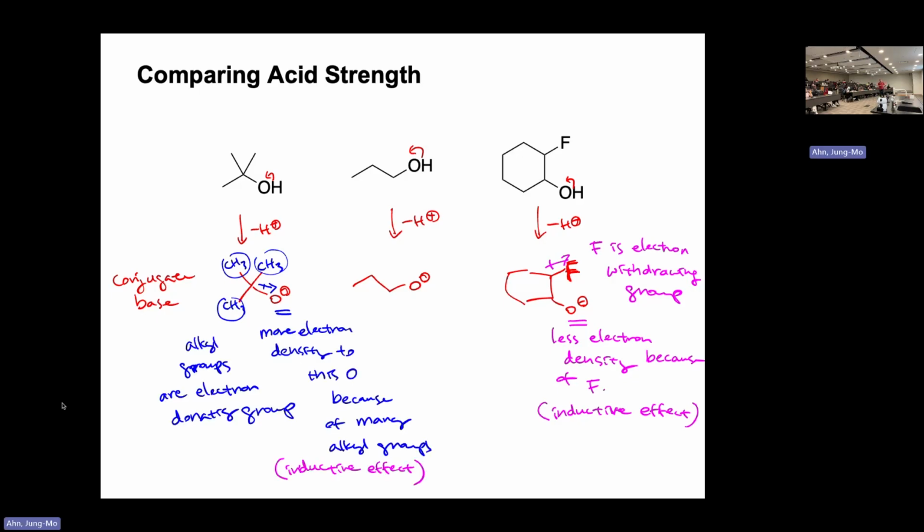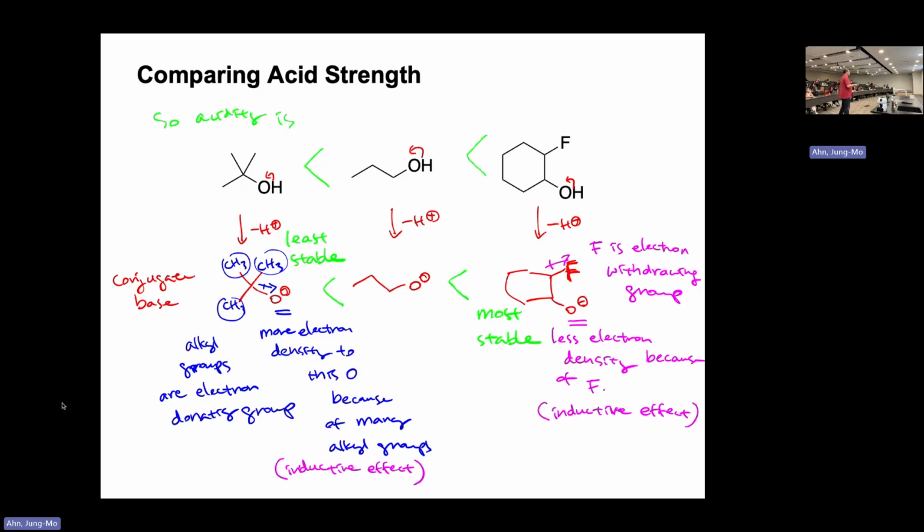So some work as electron withdrawing groups, that helps. Some work as electron donating groups, that actually makes it worse. So that changes acidity. So which one is more acidic among these 3? Definitely the one with the electron withdrawing group, because that will lower the electron density of the oxygen a little bit, but it makes a difference.